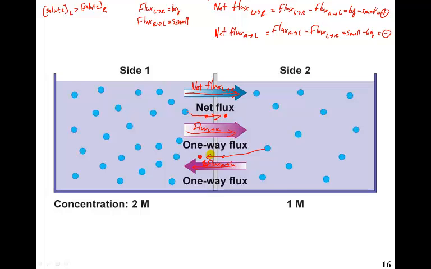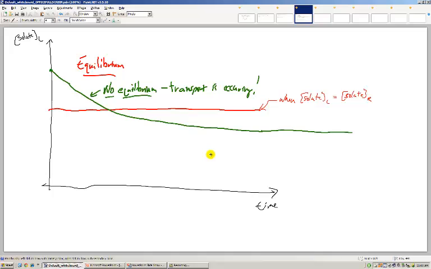So passive transport is highly dependent on concentration gradients. Here we said net flux left to right equals 0.